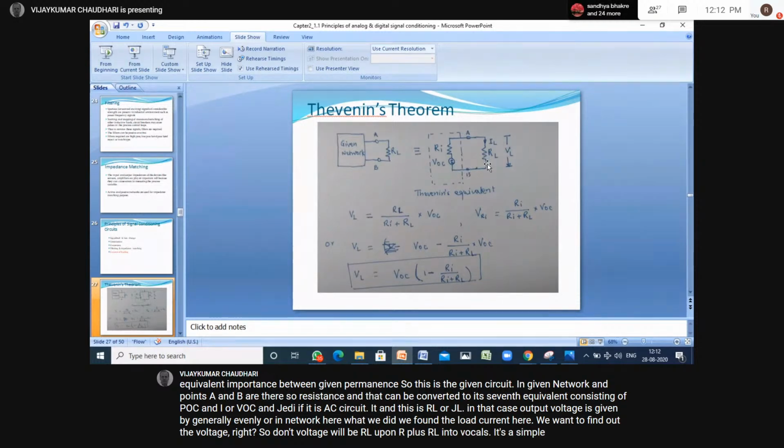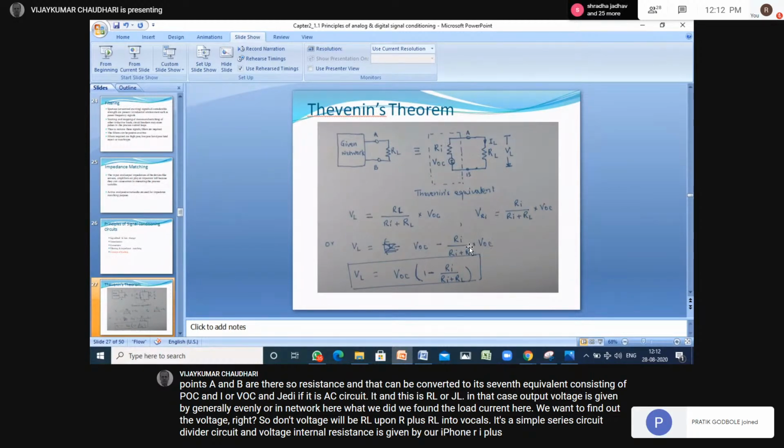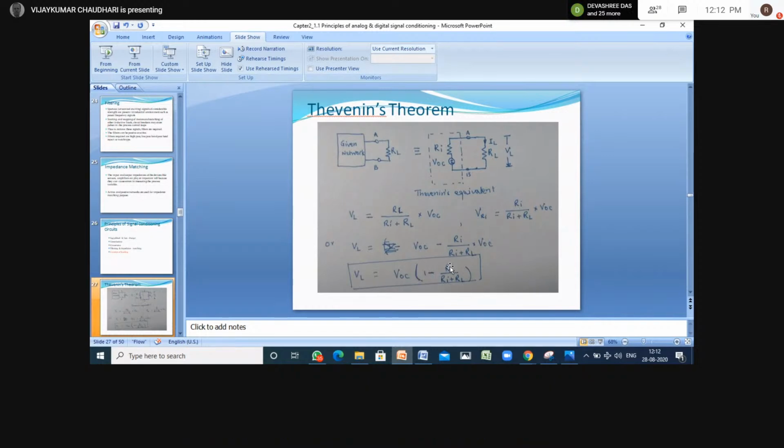Suppose RL is absent and the terminals are open, then whatever the VOC is will appear between A and B. When it is loaded, some drop will be across RI. That drop is VRI, and substituting it here gives VL equal to VOC into 1 minus RI upon RI plus RL.